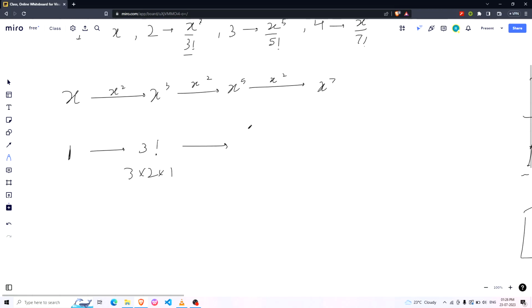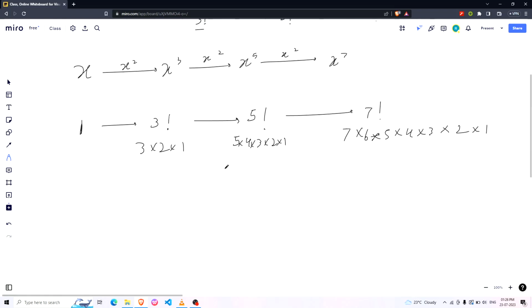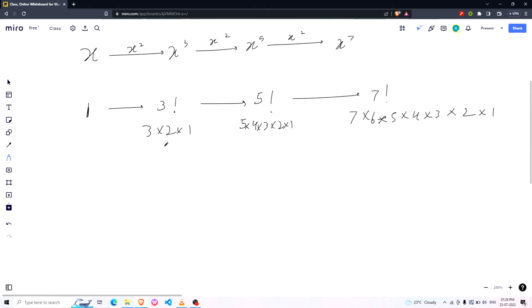For the third term, it is 5 factorial, which is 5 into 4 into 3 into 2 into 1. For the fourth term, it's 7 factorial, which is 7 into 6 into 5 into 4 into 3 into 2 into 1. Right? So how can we keep this with us? How can we maintain the factorial of each term with us?